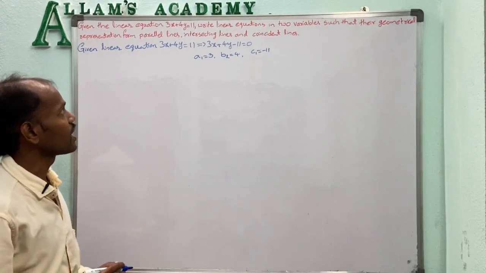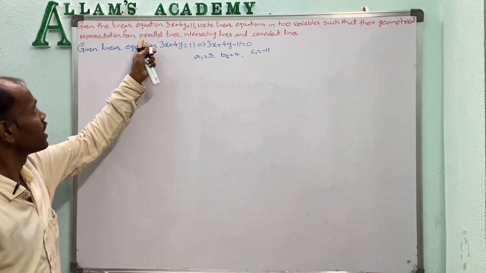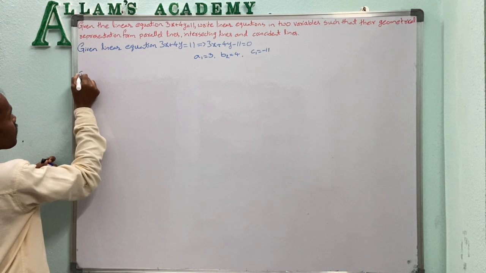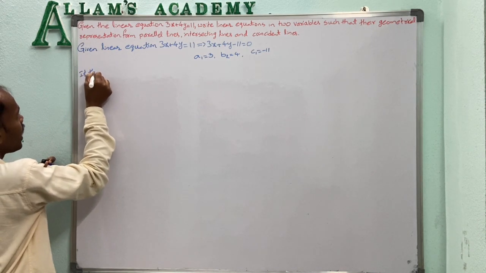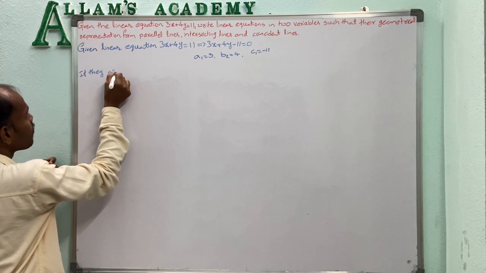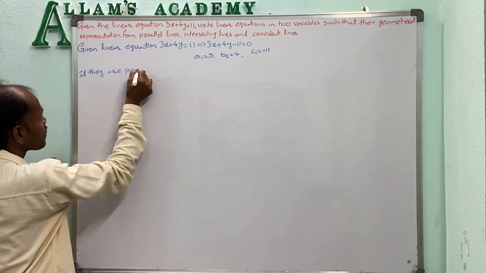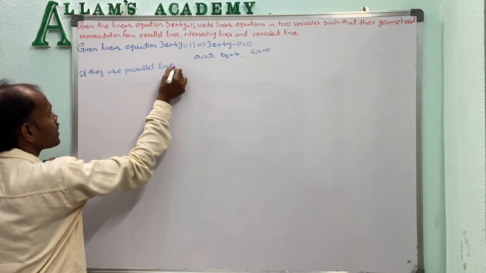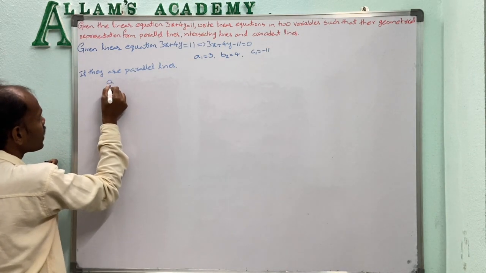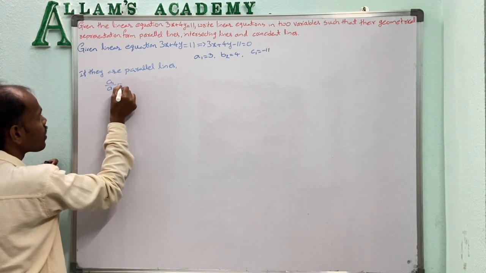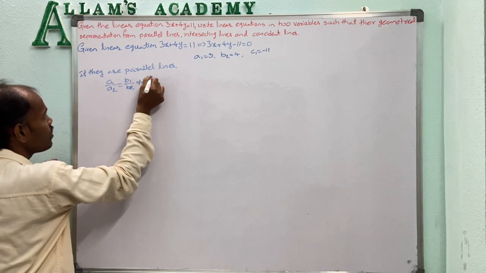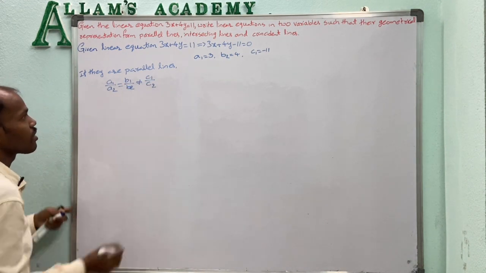Now first, we want to write parallel lines. If they are parallel lines, then the condition is a1 by a2 equal to b1 by b2 not equal to c1 by c2.